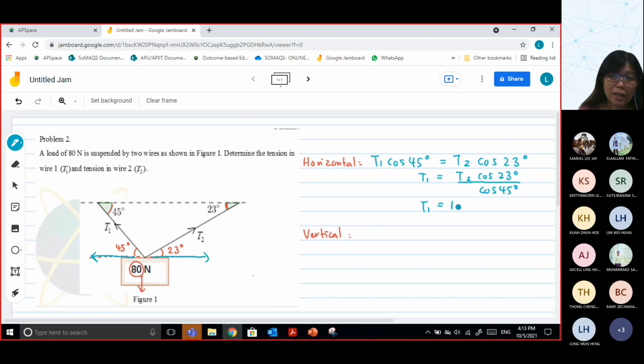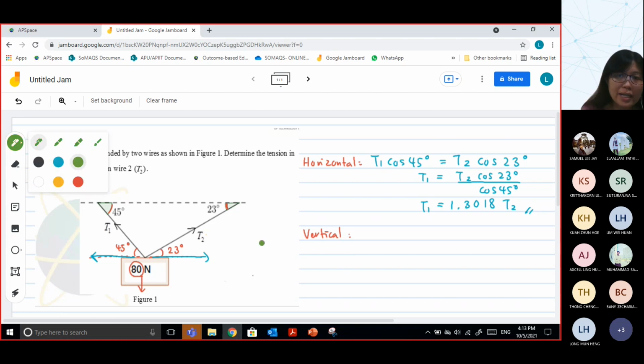And we get 1.3018. So let's say I follow 4 decimal places given in the slide. 1.3018 T2. Okay, so this is what I get for the horizontal part. Next part is the vertical.